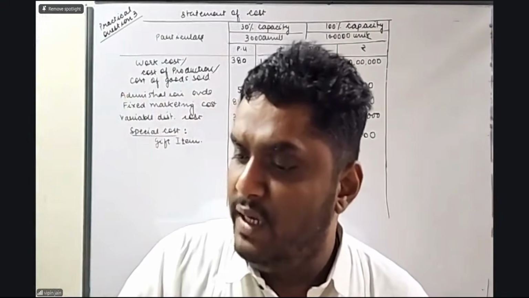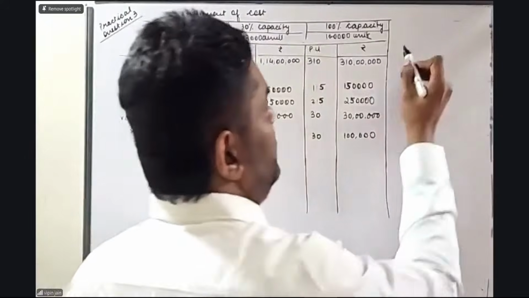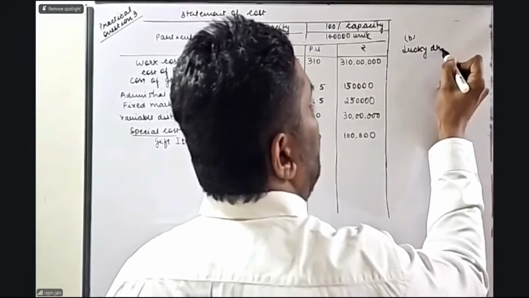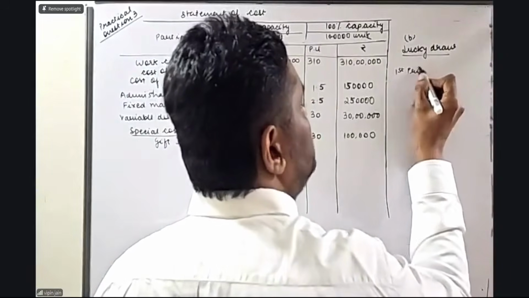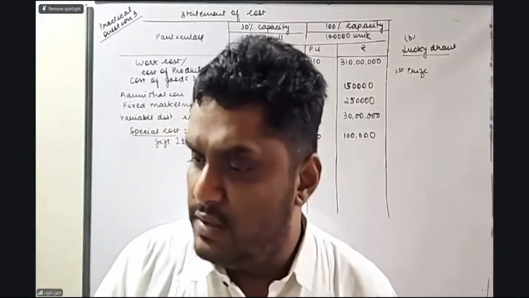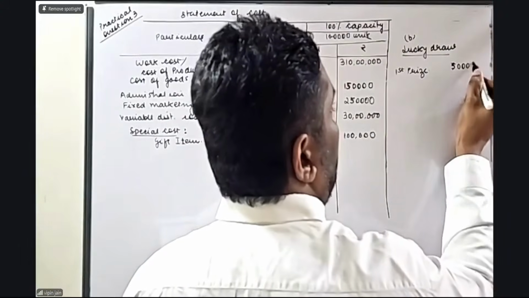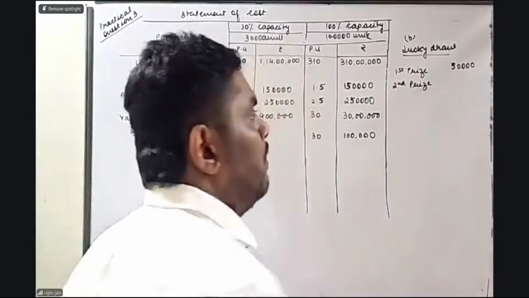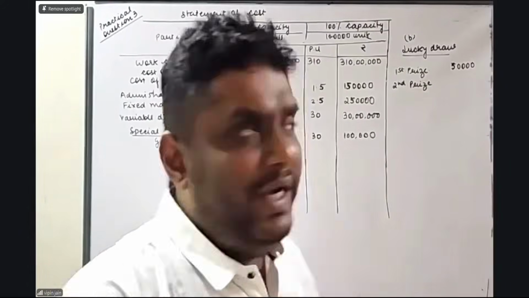Next, it has a lucky draw every month, giving the first prize as 50,000. So preparing a working note for this point. The first prize is 50,000. Second prize is 25,000.